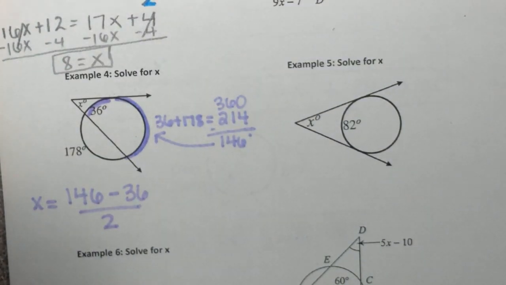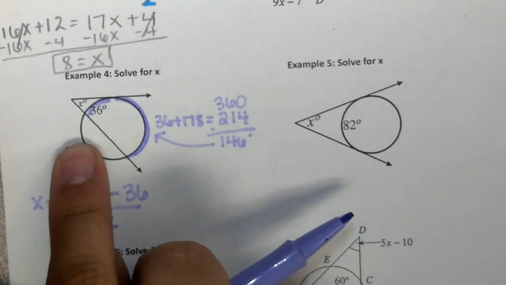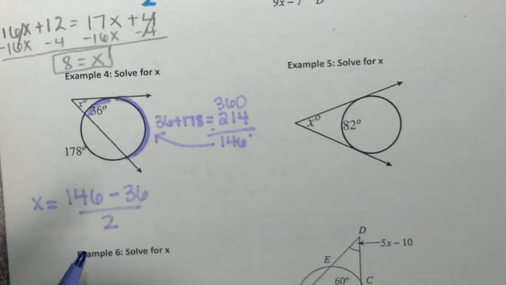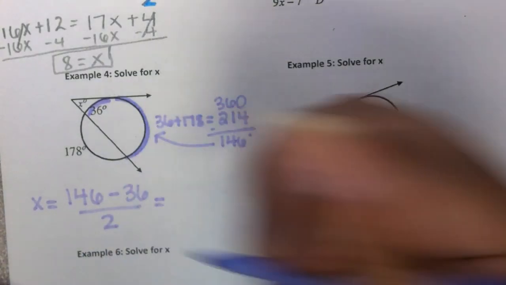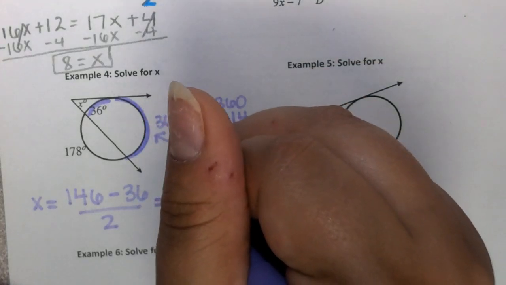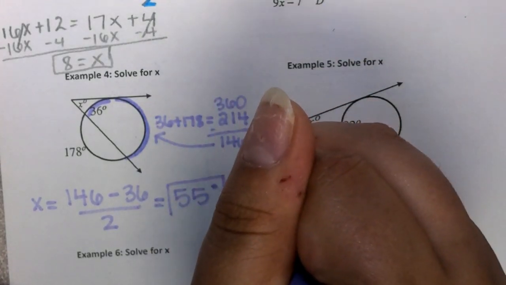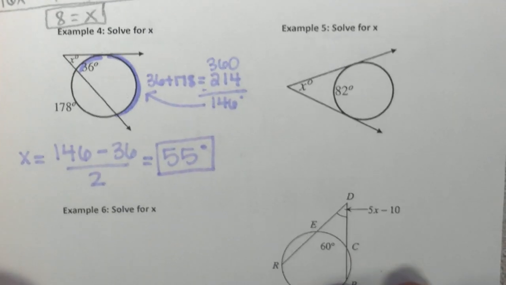I thought 178 would be the arc. But do you see how that's not even between the two lines? So we don't even really care about that. That just helped us find this. It is 55, because 146 minus 36 is 110, divided by 2. And don't forget your degree sign.